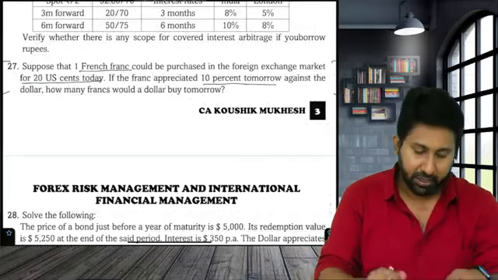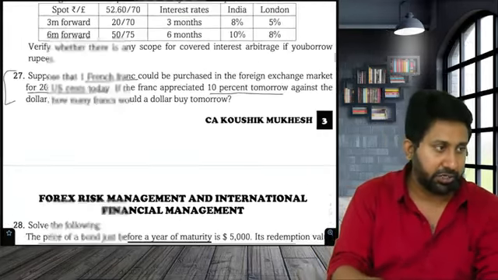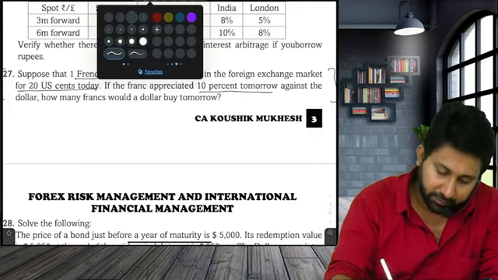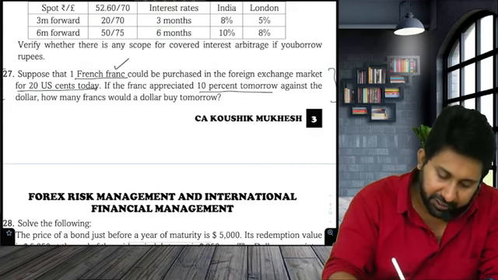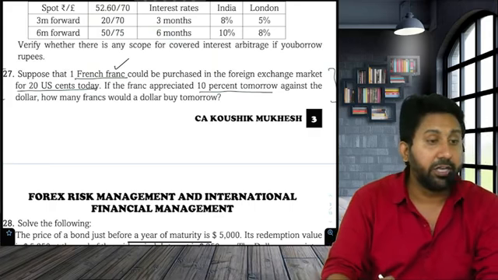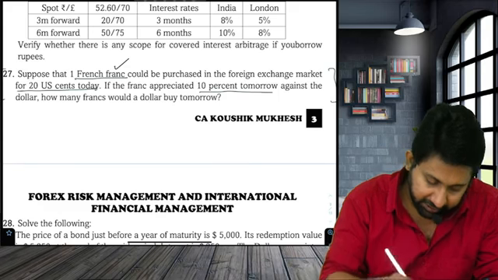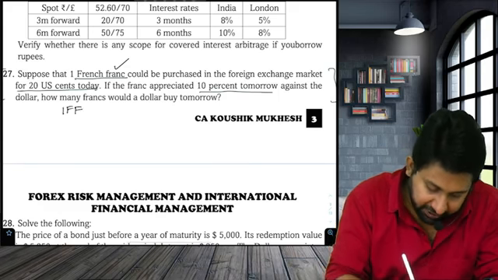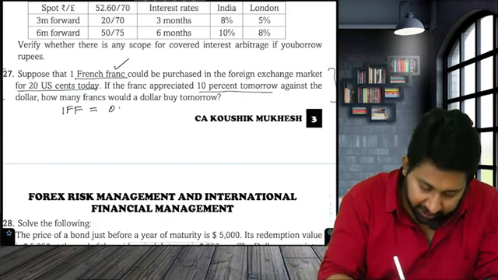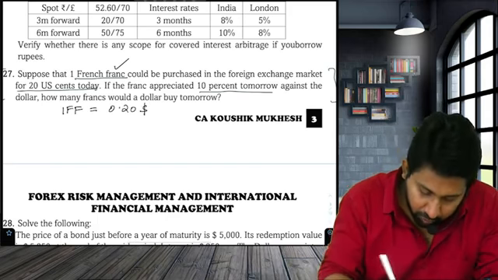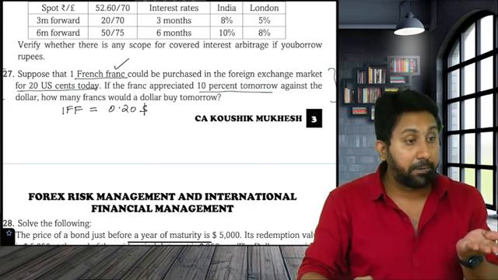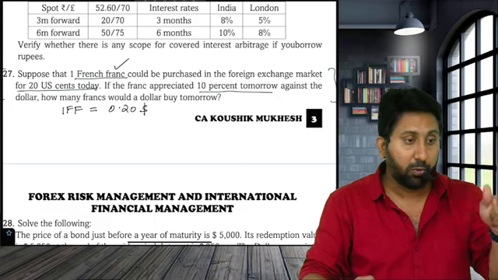Now let us observe the question again. Suppose that one French franc could be purchased in the foreign exchange market for 20 US cents today. One French franc can be purchased by spending $0.2. Franc appreciated by 10% tomorrow.